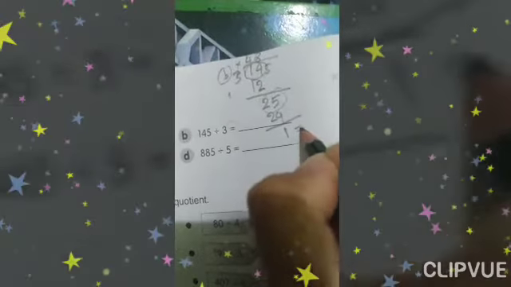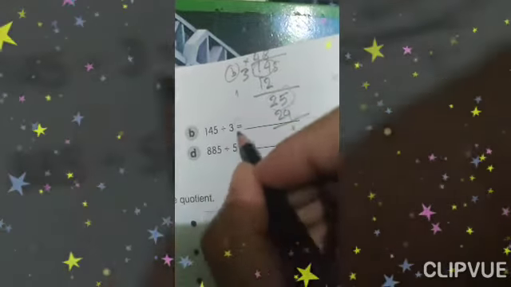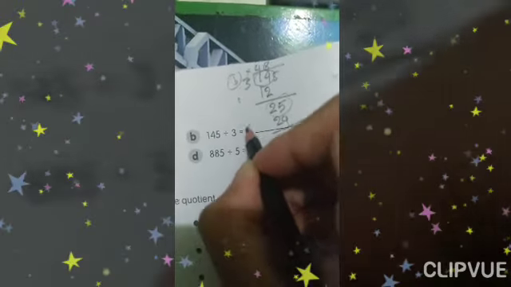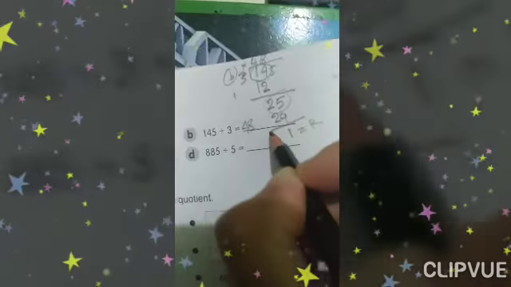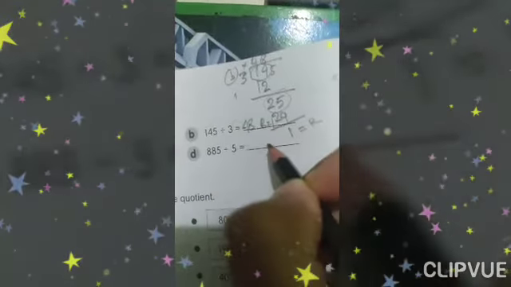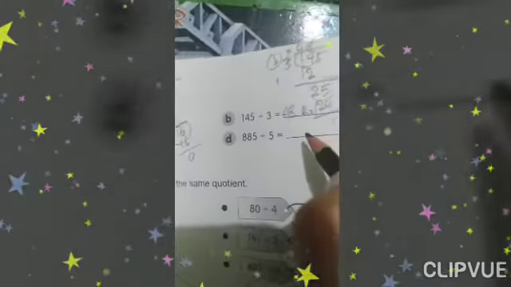So 1 is the remainder. Okay, so 145 divided by 3 is 48 with remainder 1. Okay, next for C and D, you do them by yourself.